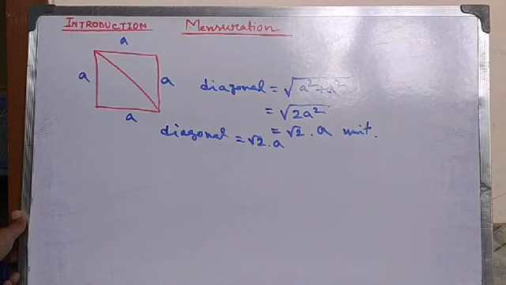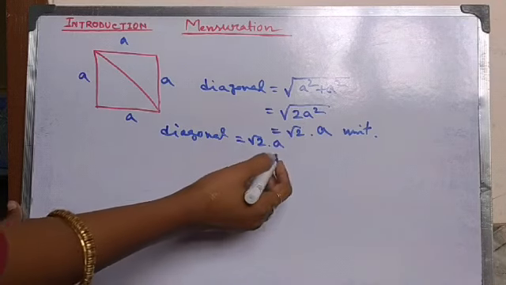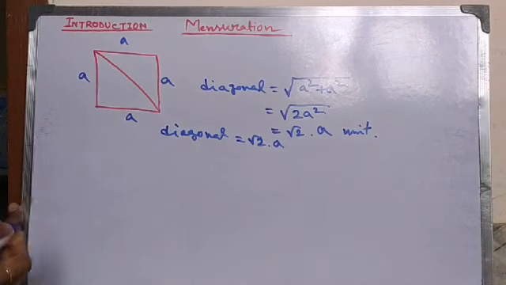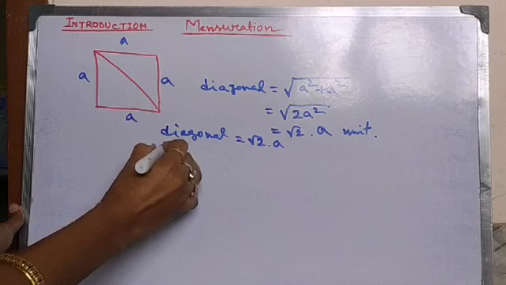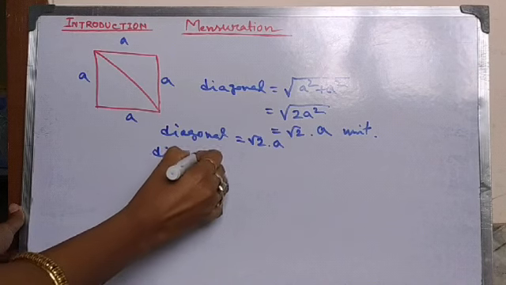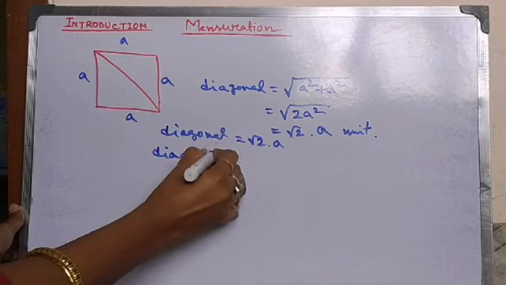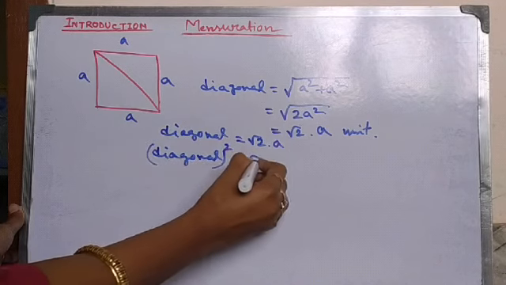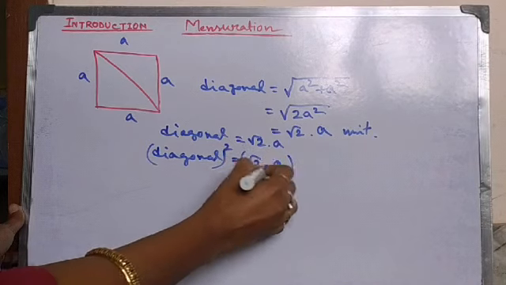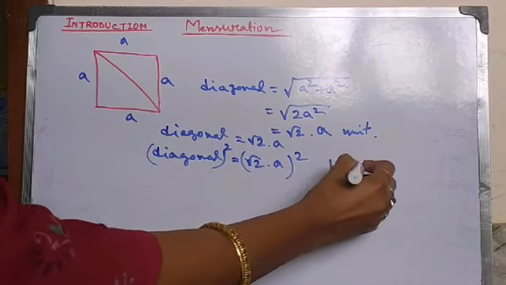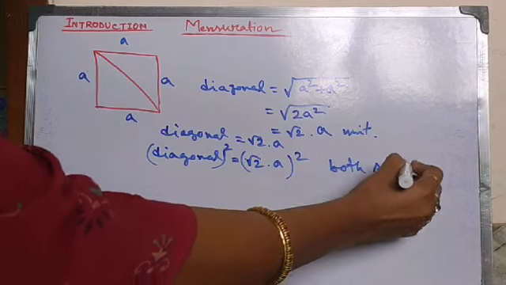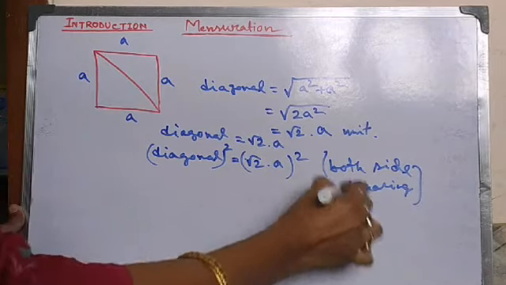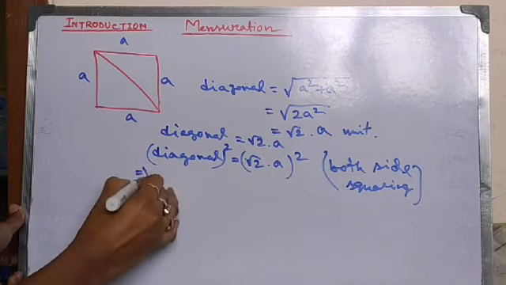We know that area of the square equals side square. So if I square both sides, then I will get the area.